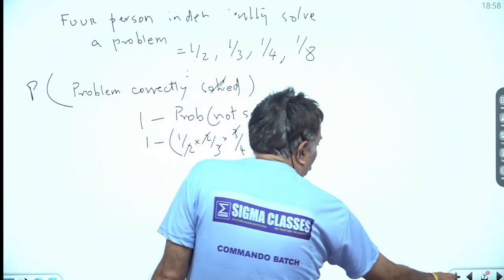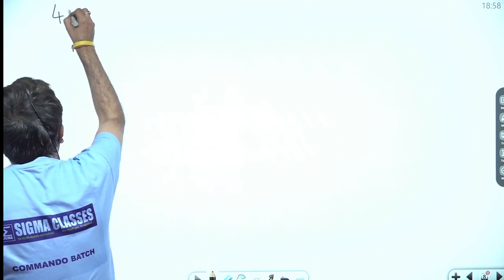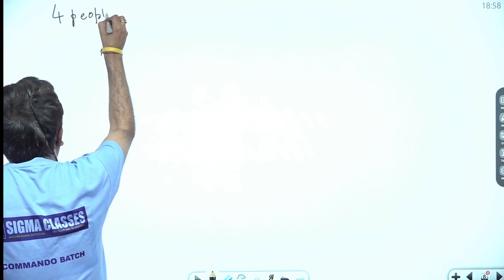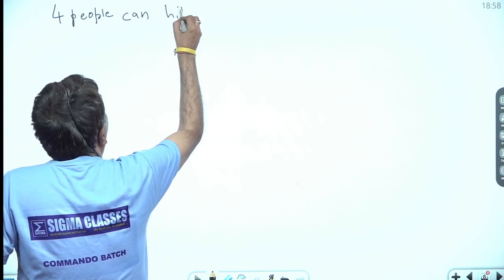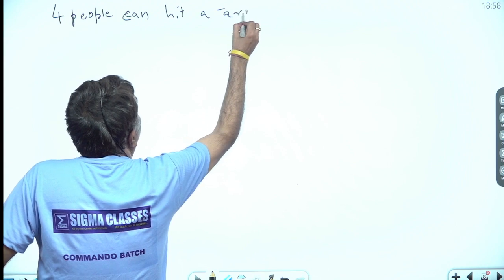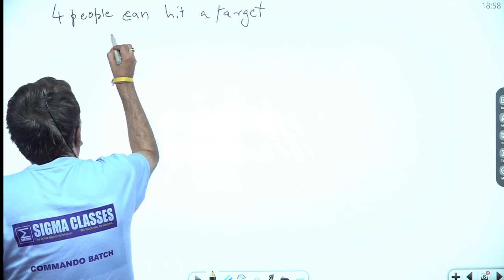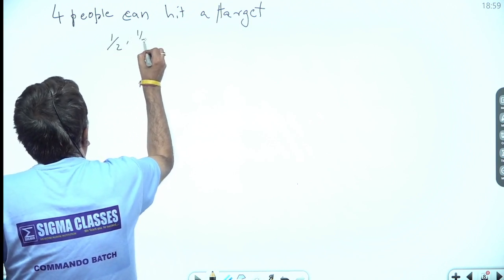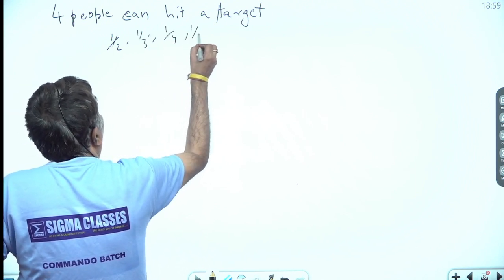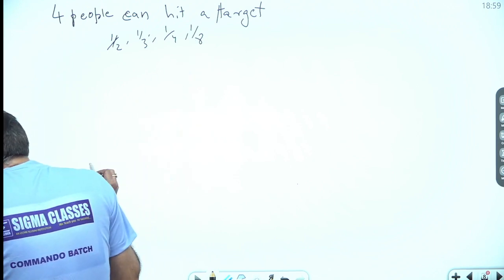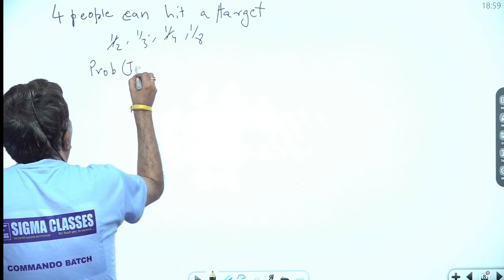A similar question of this is 4 people can hit a target, which is again half, 1 by 3, 1 by 4 and 1 by 8. Probability target will be hit.